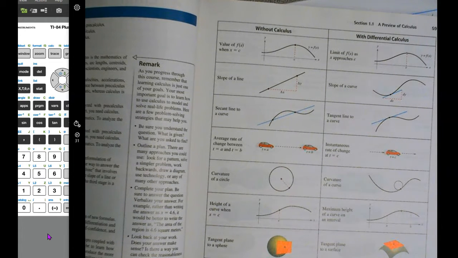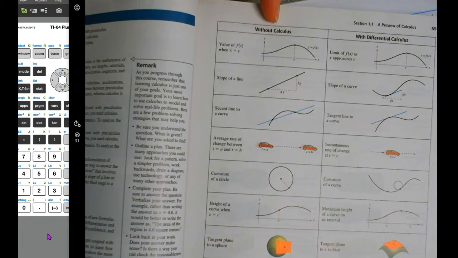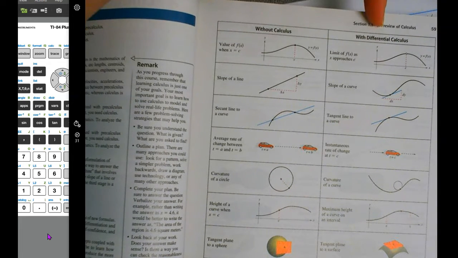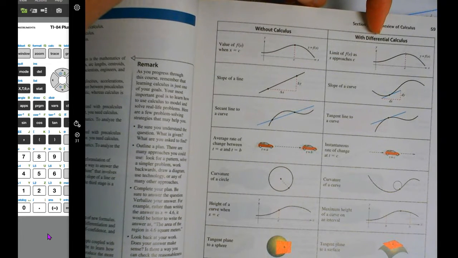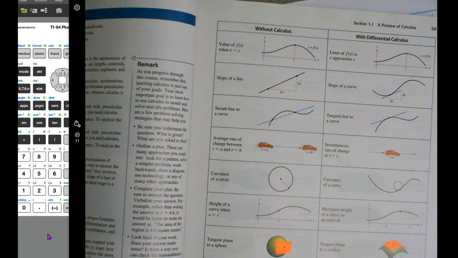But what this section is good for is talking about what you know from pre-calculus versus what we're going to be able to do with differential calculus. So this is about differential calculus. We talked about that; it goes with what from the book that you had to read? Subtraction. So we're looking at the difference quotient or slope formula, change in y over change in x.